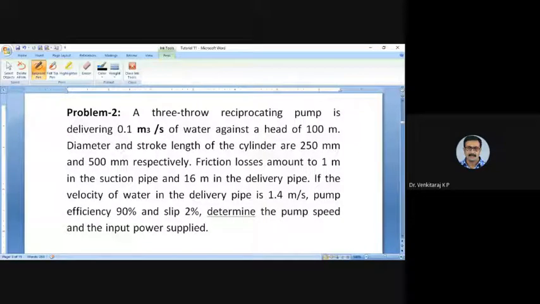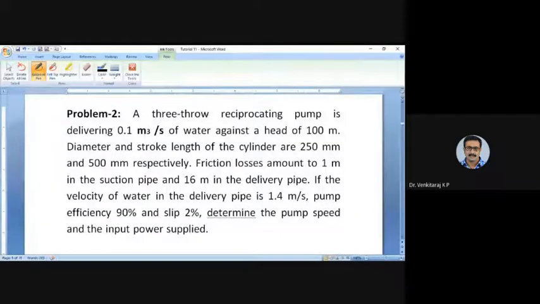Frictional losses amount to 1 meter in the suction pipe and 16 meter in the delivery pipe. If the velocity of water in the delivery pipe is 1.4 meter per second, pump efficiency is 90%, slip 2%. Determine the pump speed and the input power supplied.